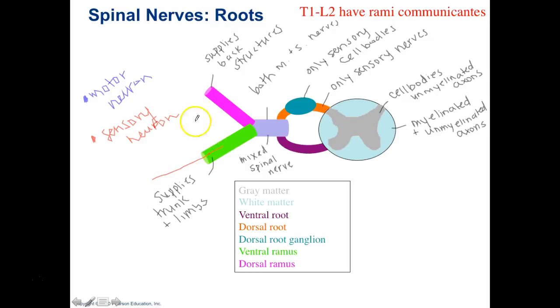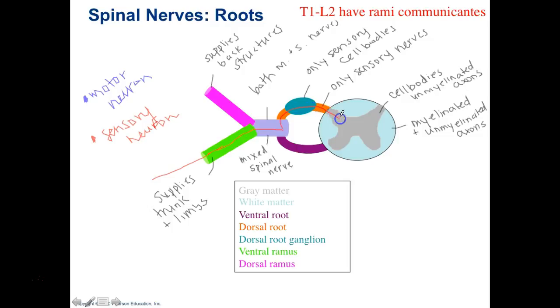Because this sensory nerve could come in through our dorsal ramus or the ventral ramus. But because it's not our back that's being burned off from the stove, that's why we're not using this one. So we're going to continue through our ventral ramus, and then that's going to go through the mixed spinal nerve. And then we have a choice of going through either the dorsal root or the ventral root. Because only sensory nerves go through the dorsal root, we're going to choose that door.